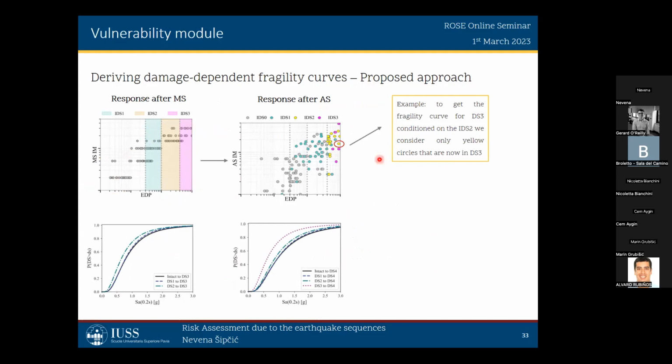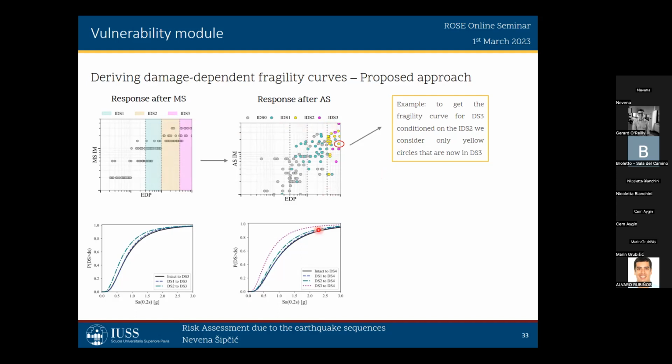And you can see that here it's a cloud of points. As an example, if we want to get the fragility curve that is dependent on the damage state, conditioned on the initial damage state 2 that we observed after the main shock, we will look at only the yellow circles which correspond to the initial damage state 2, and we will look at the yellow circles that are now in damage state 3.